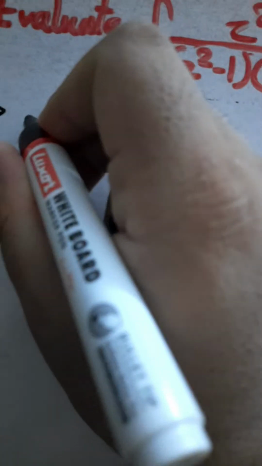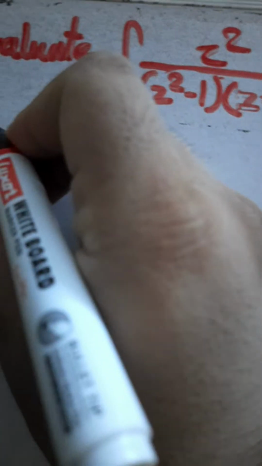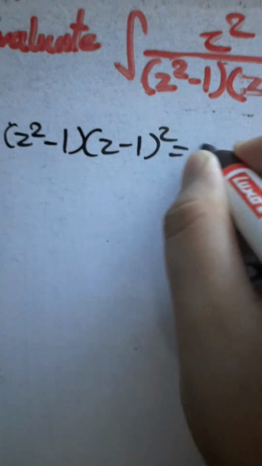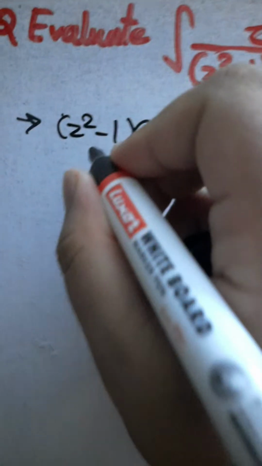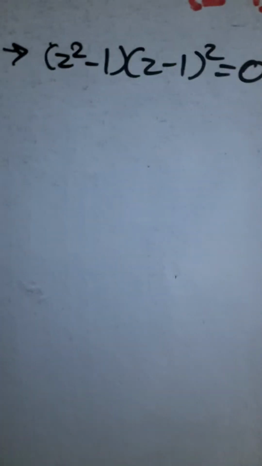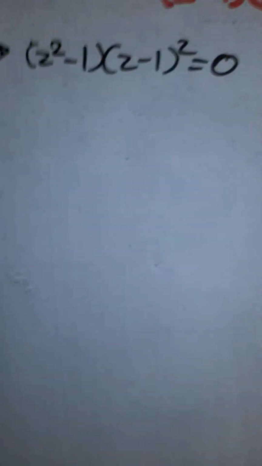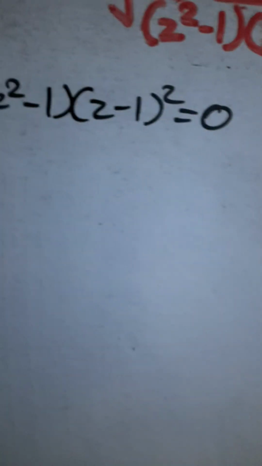First, we have to find points. To find points, we have to take the denominator equal to 0. (z square minus 1) into (z minus 1) whole square equals 0. We have to reduce things, like reduce powers, and break them into factors.